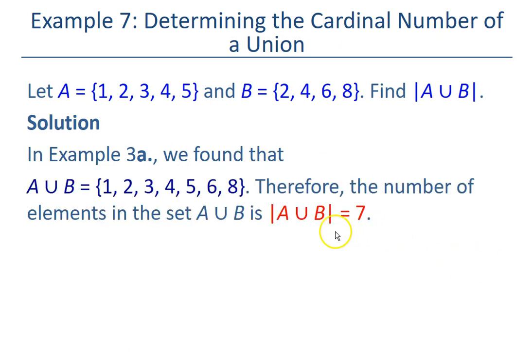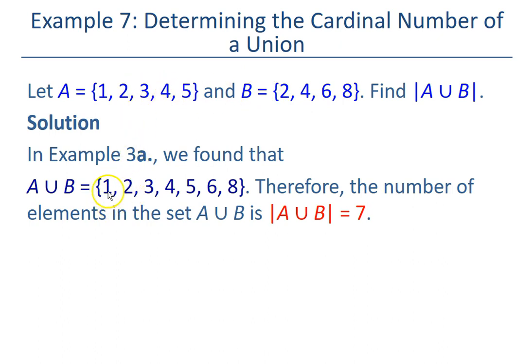Now we found that when we had the union of these sets and we're not repeating items, remember 4 is found in one and the other, 2 is found in one and the other, so we don't count them twice.